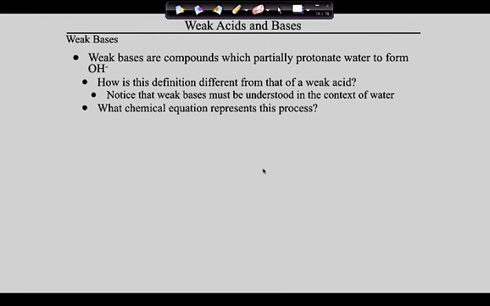So do this with me. Let's write the chemical equation for a weak base acting in water. We've got base, I want to switch colors. We've got base and we've got water. Write in the products.